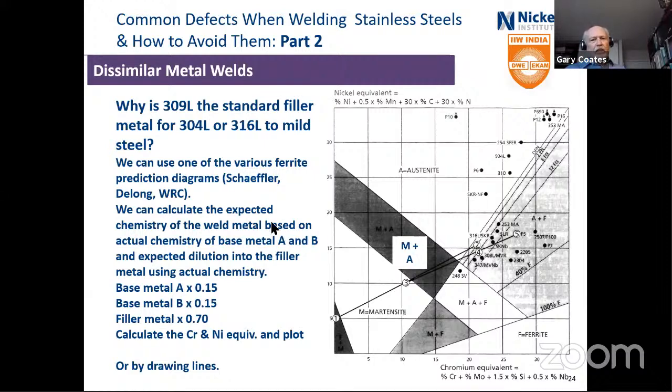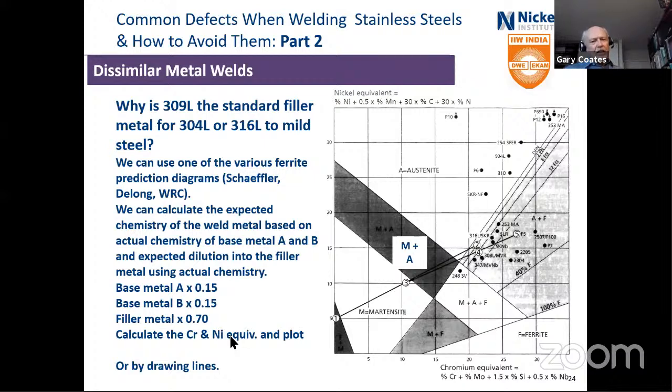So one way to do it, and sometimes I do it this way myself, is you look at the actual chemistry of the two base metals, and let's say take a case of 15% dilution, you get the exact chemistry of the filler metal, and the weld metal will be 15% of base metal A, 15% of base metal B, and 70% of the filler metal.